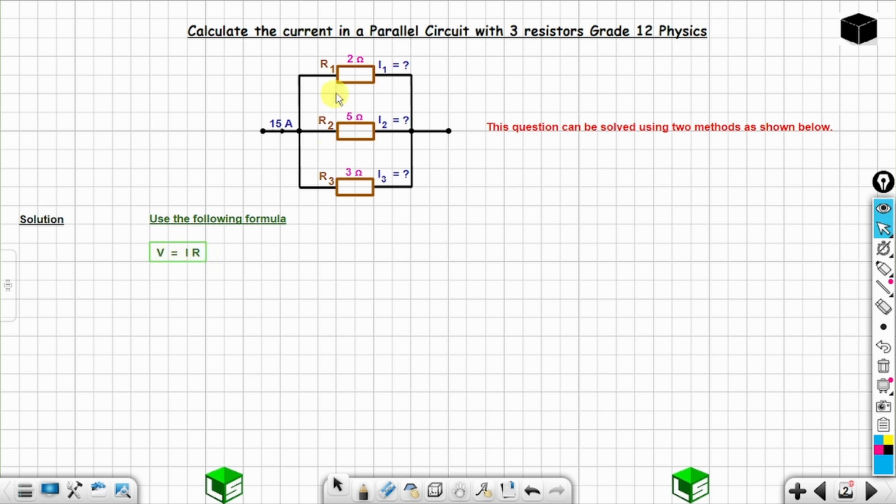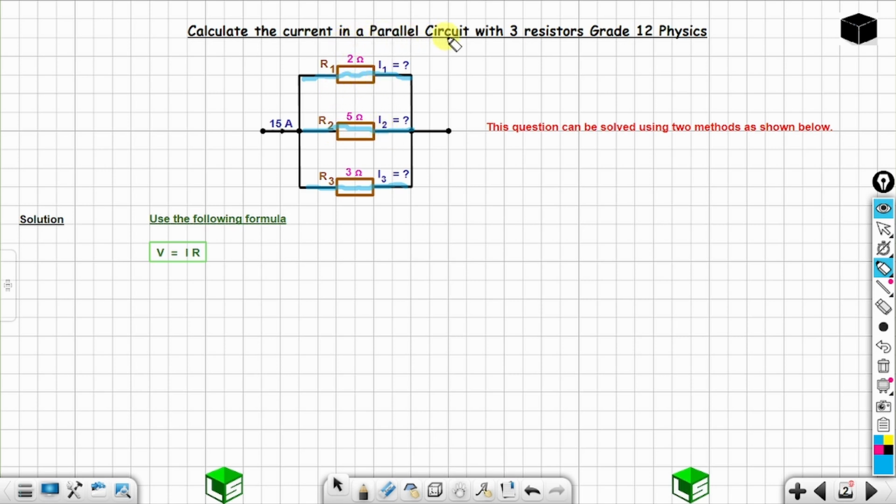You can use this formula because the voltage is the same across each branch in a parallel circuit.